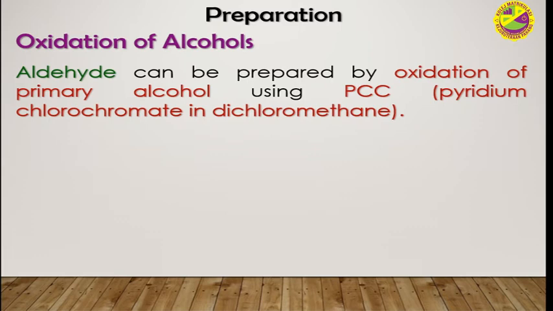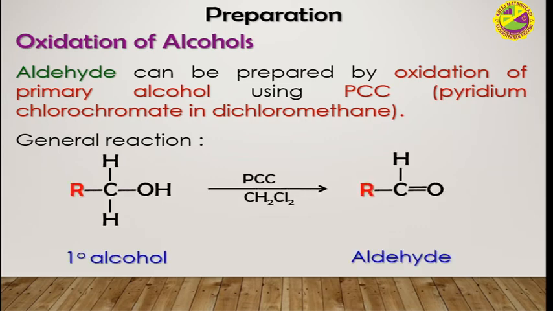Aldehyde can be prepared by oxidation of primary alcohol using PCC, which means pyridinium chlorochromate in dichloromethane. The general reaction is as follows. If we have primary alcohol that undergoes oxidation with PCC in CH2Cl2, we will form an aldehyde.